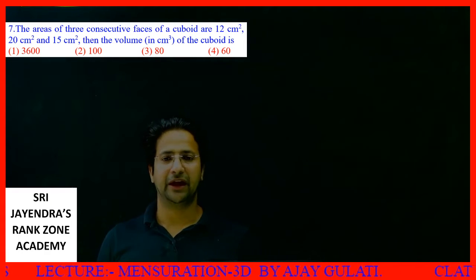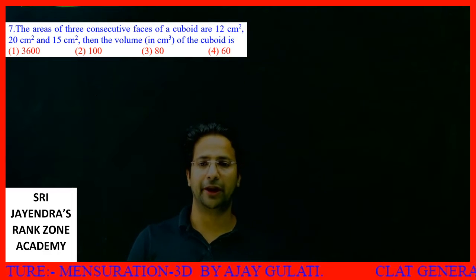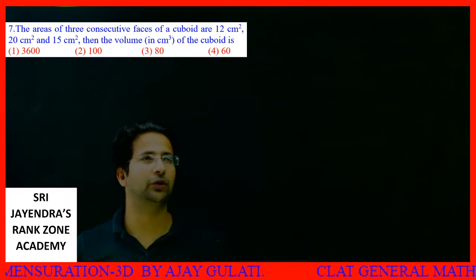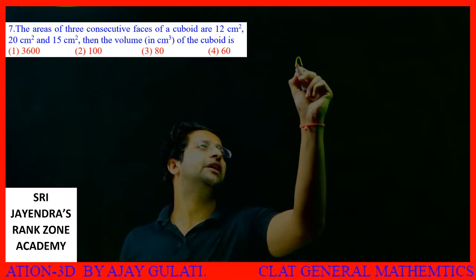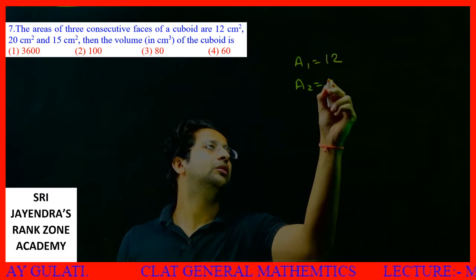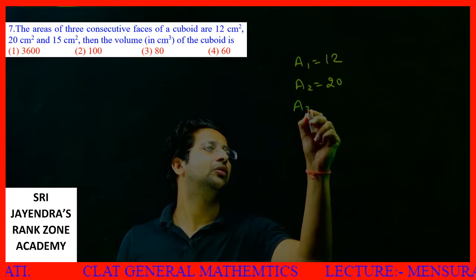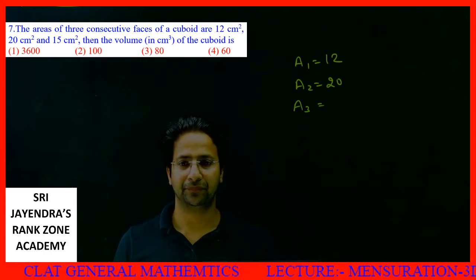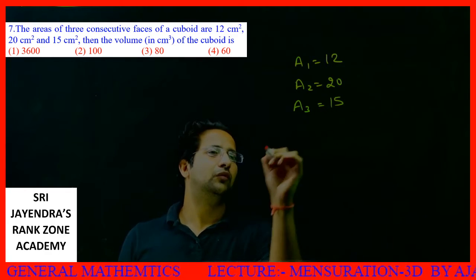Next, the area of 3 consecutive faces of a cuboid are 12, 20 and 15, and the volume of the cuboid is, see, what is A1? 12. What is A2? 20. What is A3? 15. What is the volume?